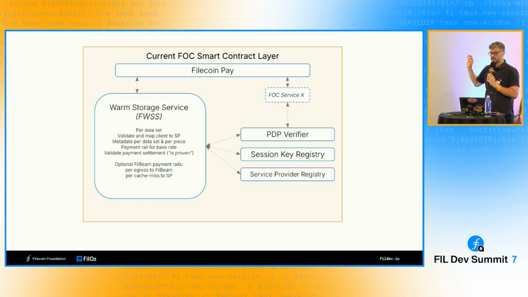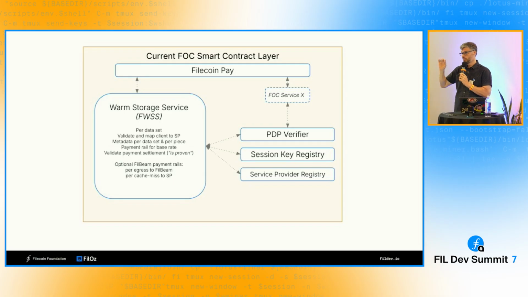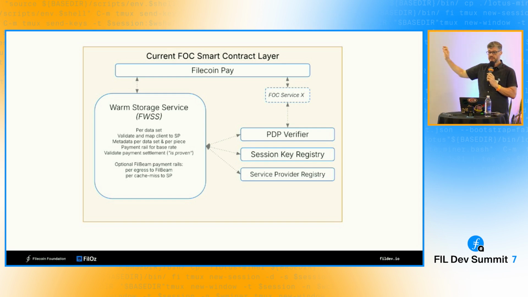And that signed verification goes into PDP verifier, and then PDP verifier knows to offload that to the warm storage service for additional verification and setup. This signed object is then used to authorize payment setup. And we can reject this setup here.